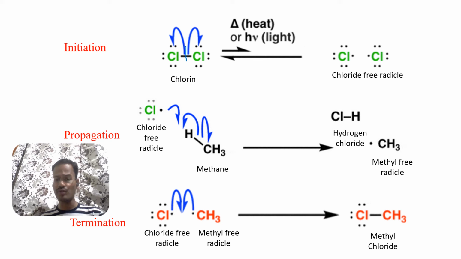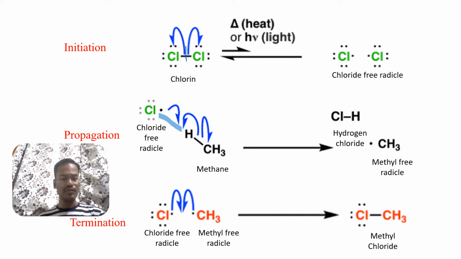So you can see formation of chlorine free radicals, and this chlorine free radical is going to react with one methane, that is a hydrocarbon, where this free radical will react with this particular hydrogen, where the bond between hydrogen and carbon will be cleaved homolytically. One electron from this bond will come to here, so that a new bond will be formed between chlorine and hydrogen. That's what we are seeing here.